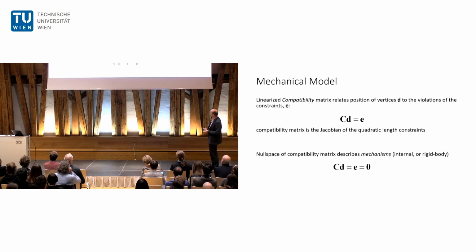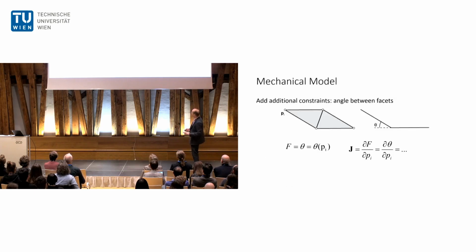And that's not going to be quite enough for what we have here, because remember we've added these extra bars. We haven't maintained the flatness of the facets. So we have to add in some additional constraints. And what we did with Mark was to add in angular constraints on the facets to make sure those facets couldn't fold.